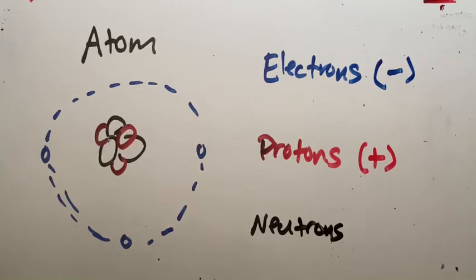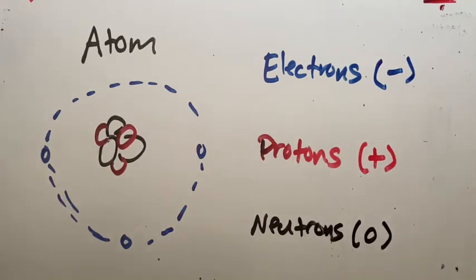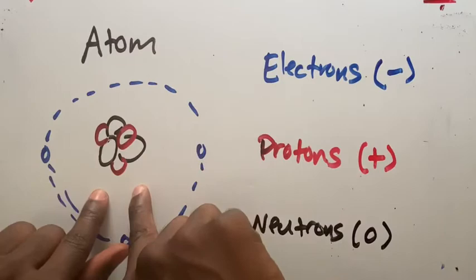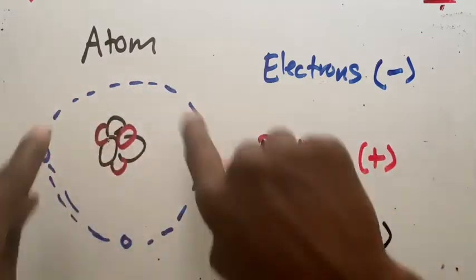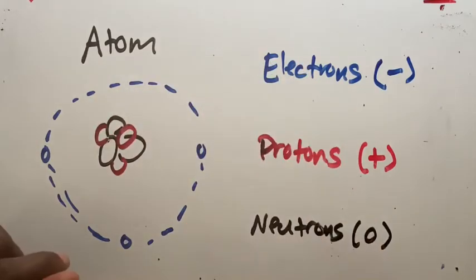They have no charge, so I'll just do a 0 for that. So protons and neutrons basically make up the nucleus, and then electrons make up the outer shell of the atom.